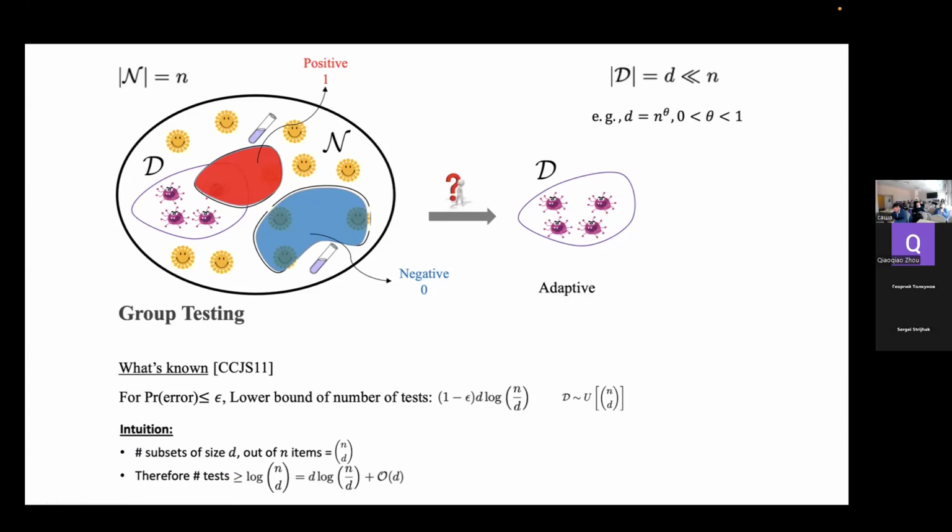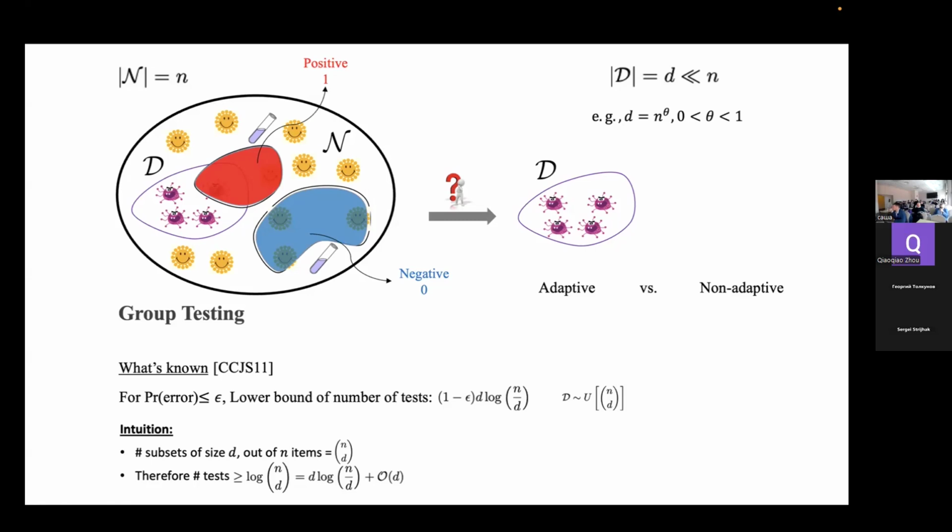There are two kinds of strategies. One is called adaptive strategies, and the other is called non-adaptive strategies. For adaptive strategies, you can always use your previous test results to design your next test. For instance, you can use a two-stage group testing scheme. First, you test 5 people.